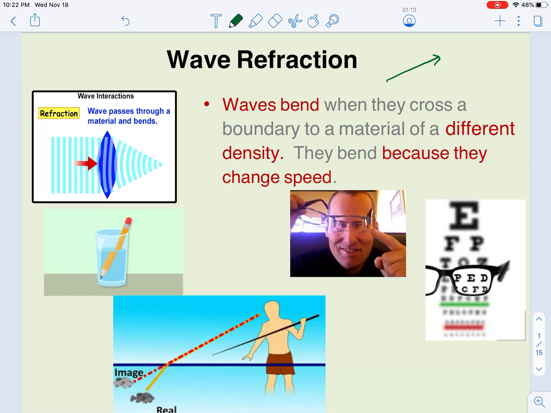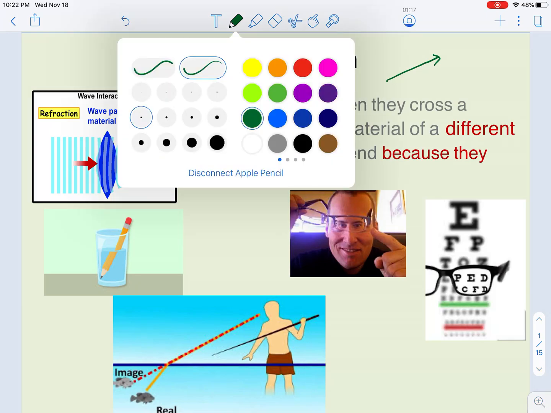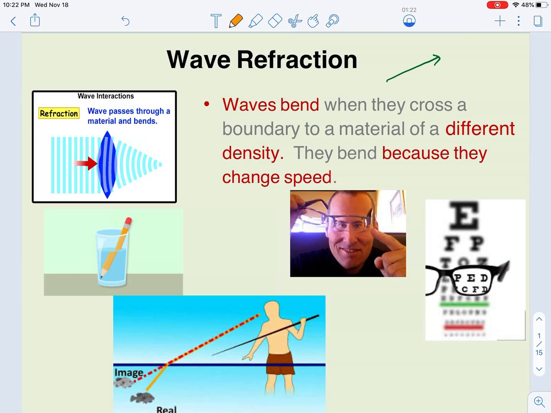But when the light passes from one material into another, and the second material is of a different density, then instead of the light traveling along the same path, that light is going to experience some sort of change in its path.